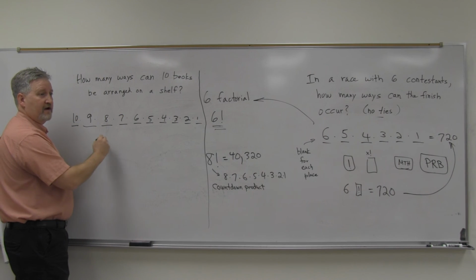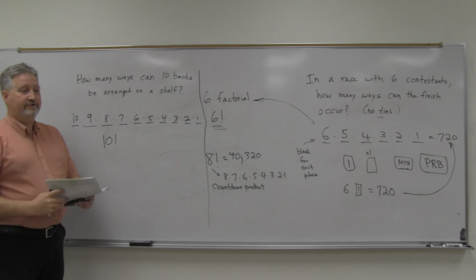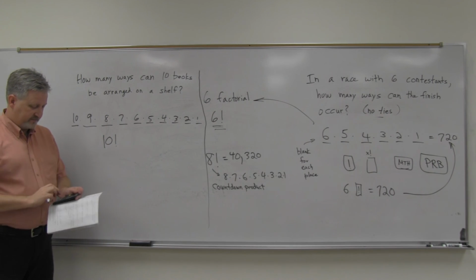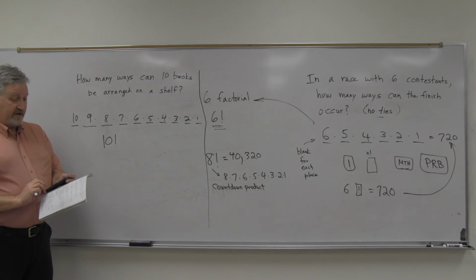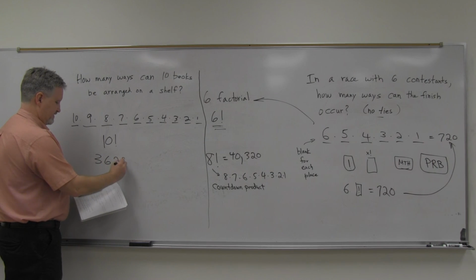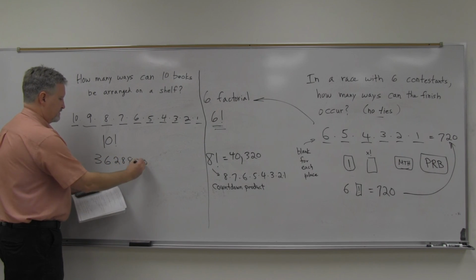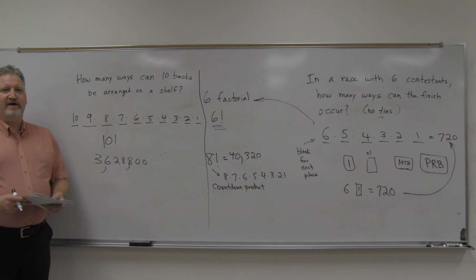Instead of multiplying them on out, it would be 10 factorial. Quick way of doing it would be 10 factorial, so that's going to give me how many? A bunch. 3,628,800 ways. It's a bunch of ways.